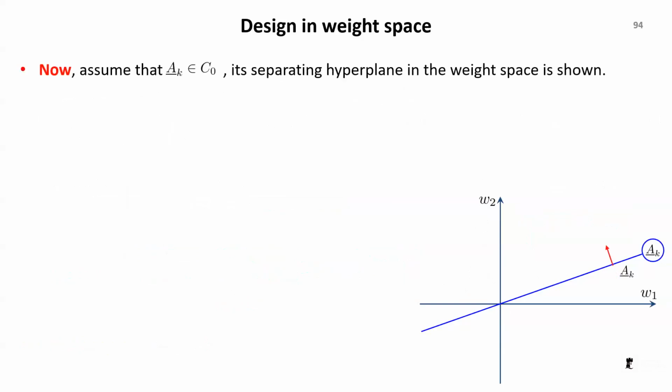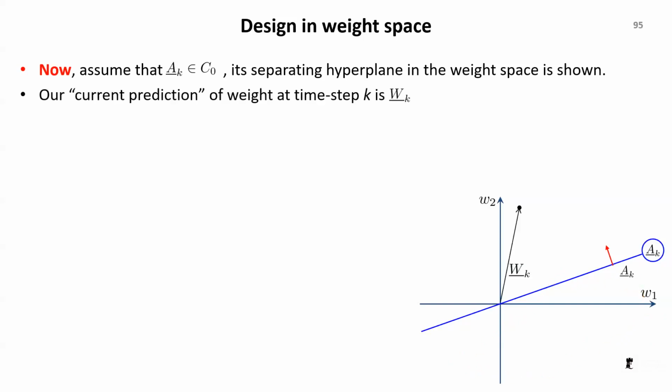For the negative class, let's assume it is point AK, with the orientation here. Of course, now the solution is here, because for the negative class the solution is not in the same direction as the orientation. We use the same procedure. We look at the weight.